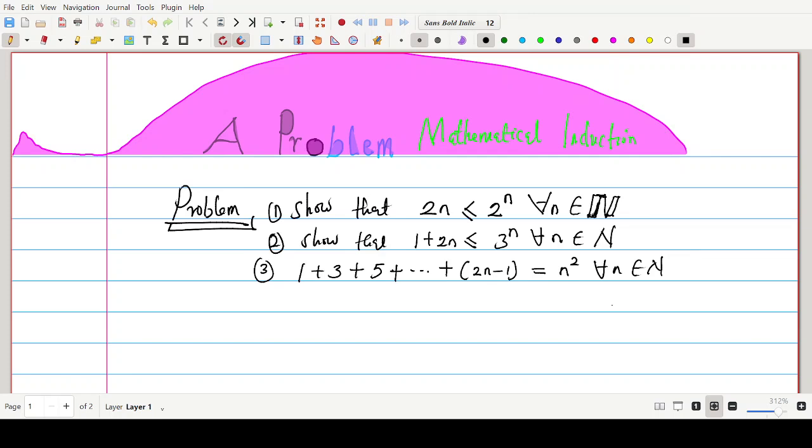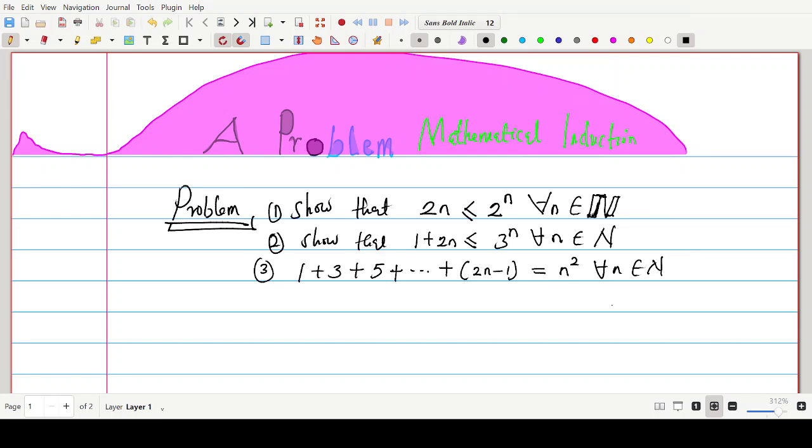Then lastly, from that supposition we establish that the proposition is true for when n is equal to k plus 1. If we can do that, then we have shown that the solution set of that proposition is the set of all positive integers. So these are the steps we take when carrying out proof by induction.